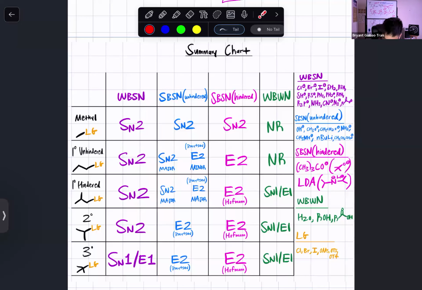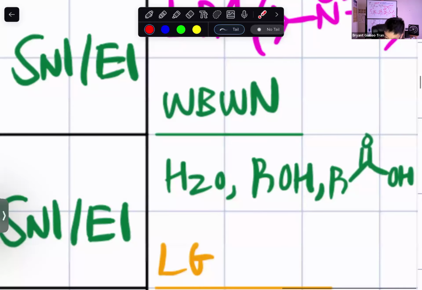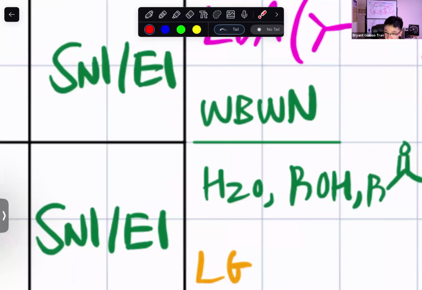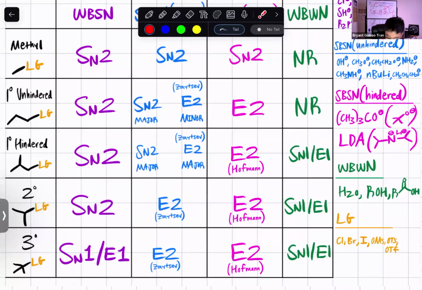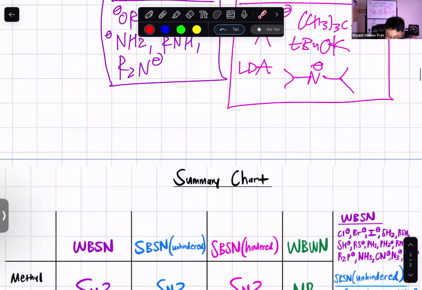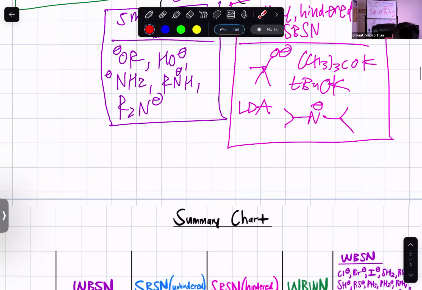So the product solvents are going to be water and alcohol. That's the product solvent that you need to know. That's the easy way to remember the product solvent. For a reactant solvent, there's a lot of them.